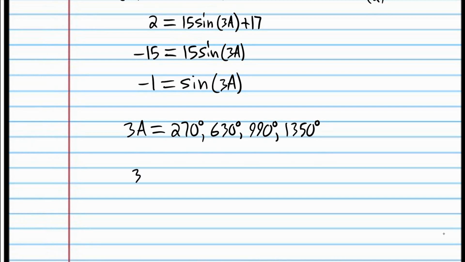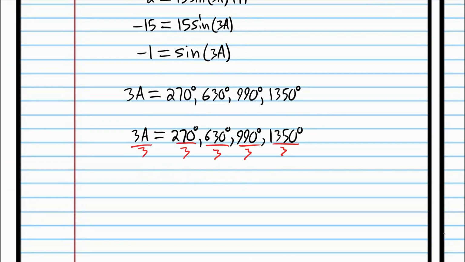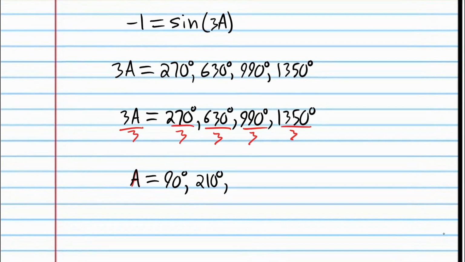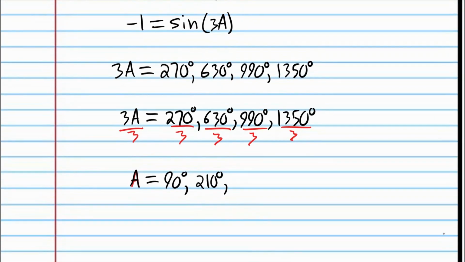And now we're going to take all of that and divide by 3. And so 270 divided by 3 is 90. And 630 divided by 3 is 210. And 990 divided by 3 is 330. And 1350 divided by 3 is 450.